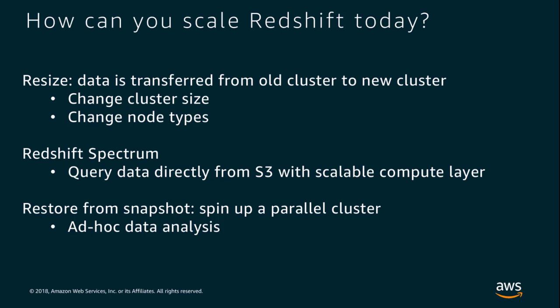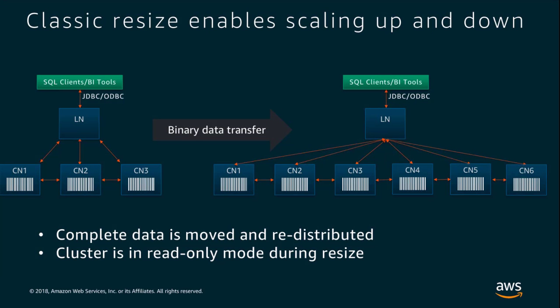Now I'm going to go into how the resize currently works. We're going to be calling this classic resize going forward. And what we essentially do is we, in the background, spin up an entirely new cluster. So for example, with what you're looking at on the screen, I'm going from a 3-node cluster to a 6-node cluster. We spin up this whole new cluster.